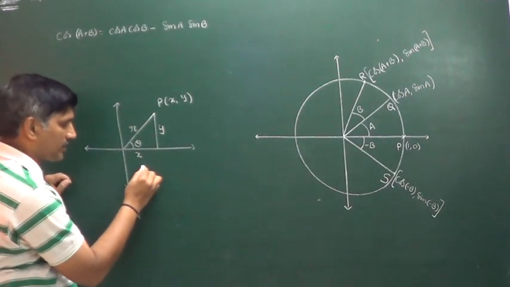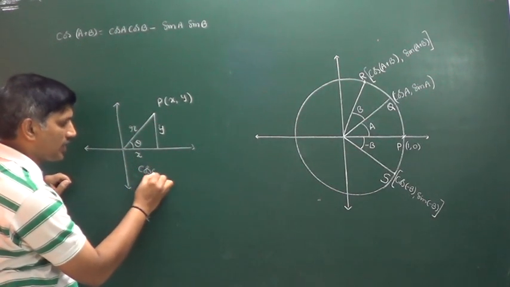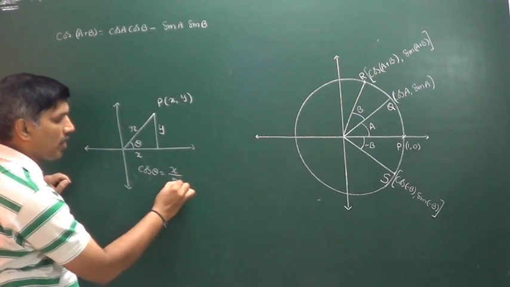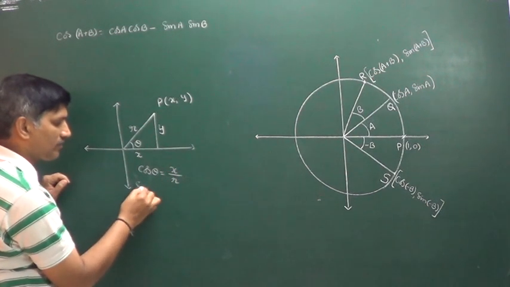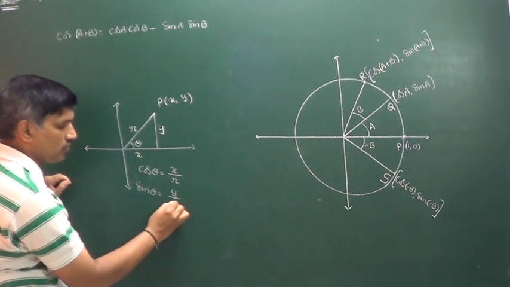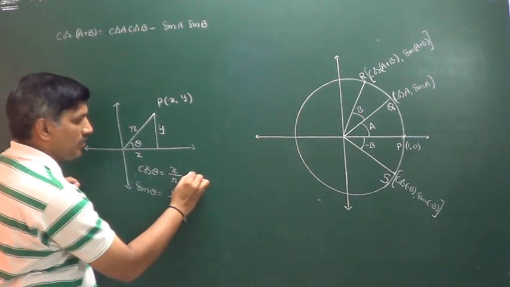Tell me from this diagram what we can write. Cos theta is equal to x divided by r. From the same diagram, sin theta is equal to y by r.